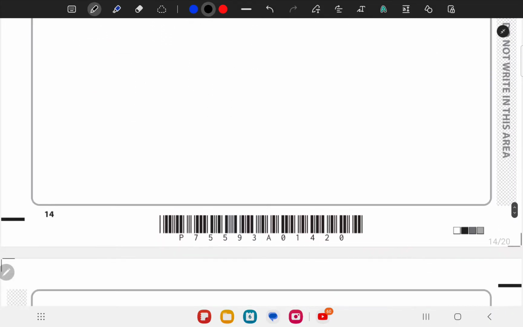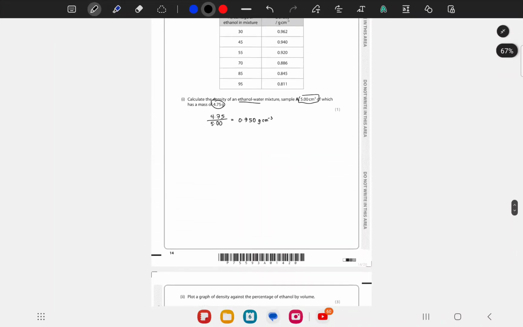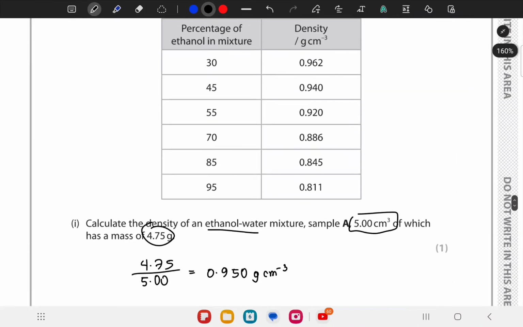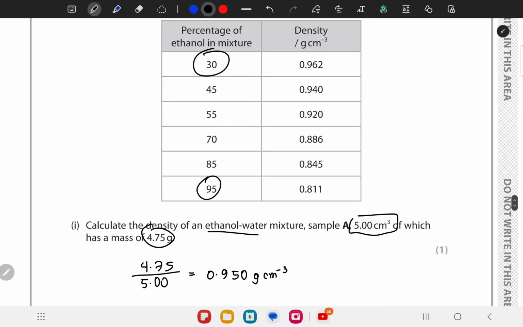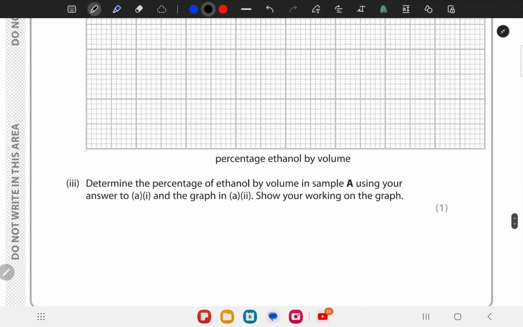Okay. Now moving on, we have this graph to plot. The smallest value of the percentage is 30 while the largest is 95, so we'll take 30 to 100. So the smallest value is 30, the largest is 100. So we have 1, 2, 3, 4, 5, 6, 7, 8 boxes.